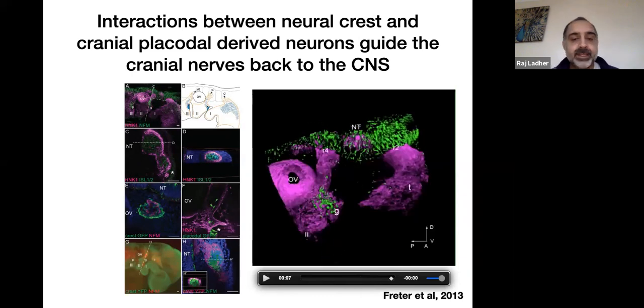And so in this way, you're setting up the segmental arrangement of cranial ganglia. And again, just from an interaction between neural crest and cranial placodes that help the cranial nerves find their way back to the CNS.